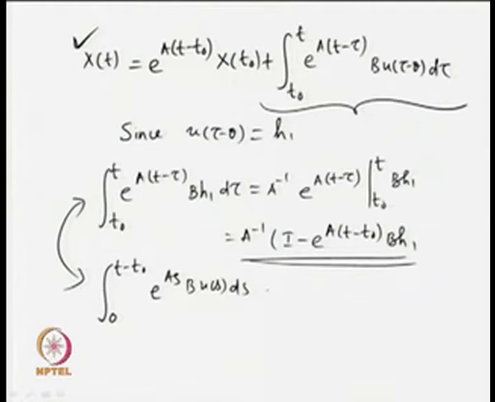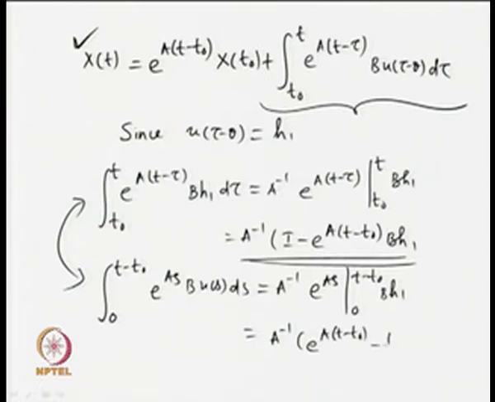The bottom one can also be solved and found as a inverse e to the power a s with the limits 0 to t minus t0, and u(s) equal to h1. So, b h1, and that will give you a inverse (e to the power a(t minus t0) minus I) b h1. So, there is a difference in sign only.